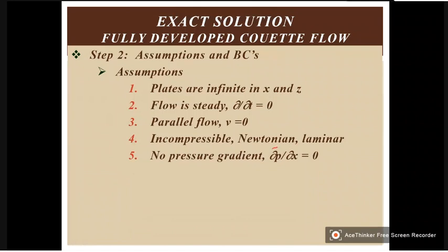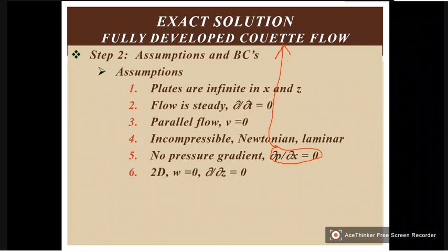The type of flow in the absence of pressure gradient is what is referred to as Couette flow. So this is the characteristic feature of Couette flow.